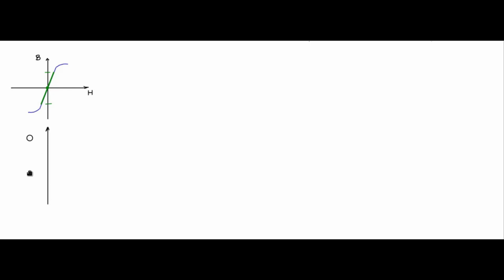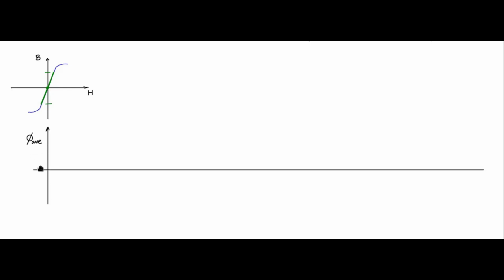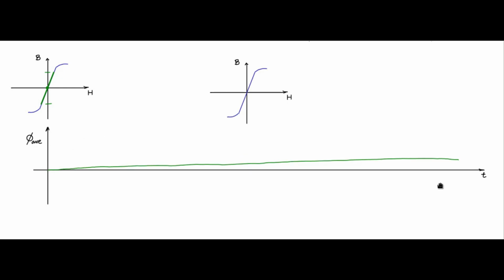Now, look at the average flux in a practical push-pull converter. We saw just now that the average flux was proportional to time t, which means that it starts growing from 0 in this fashion. Somewhere here, the average flux point will be at this point, away from 0.